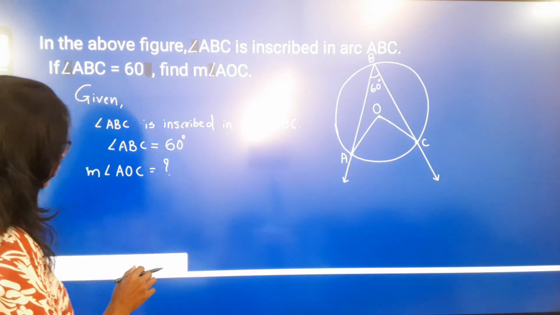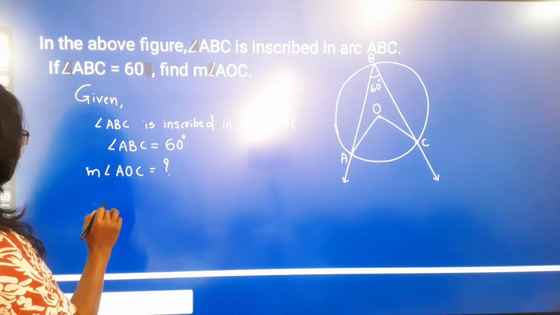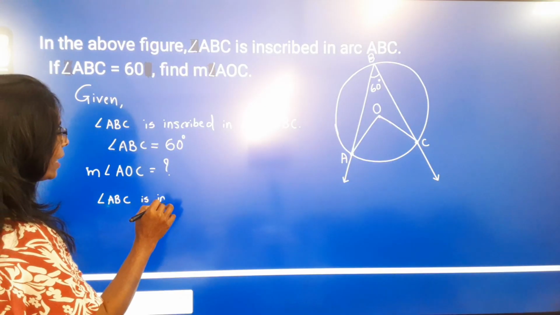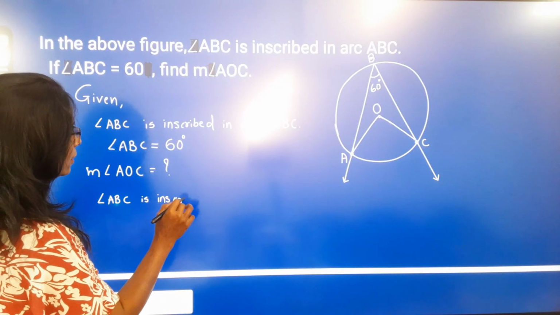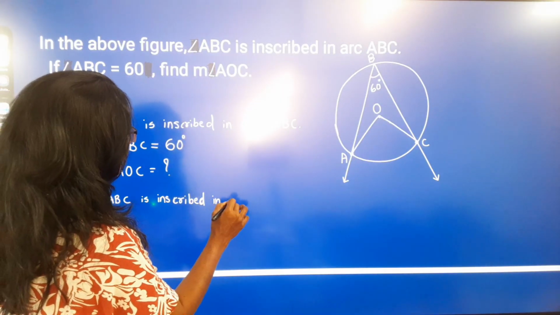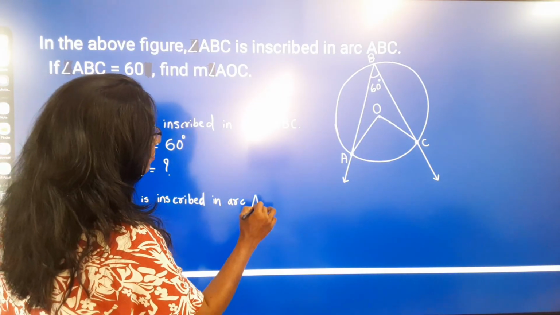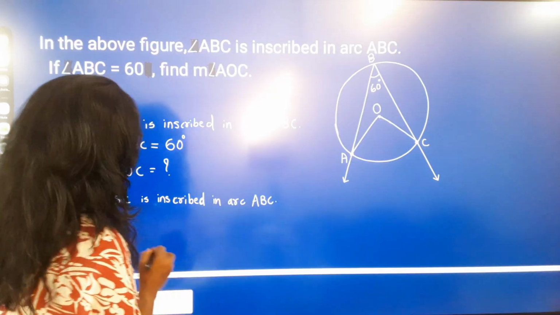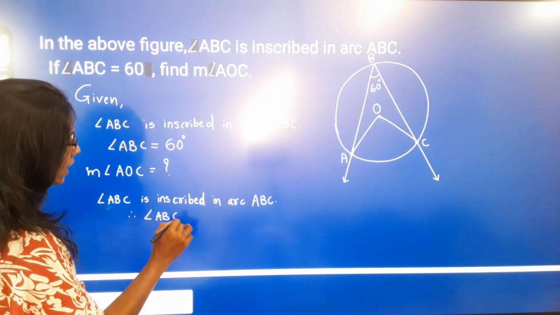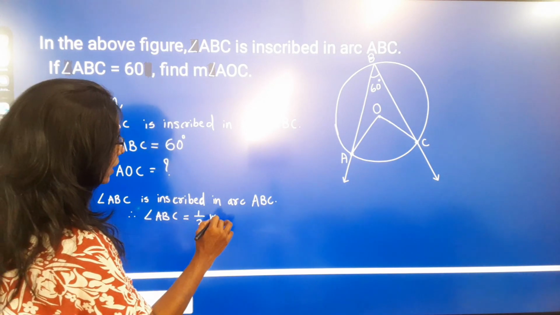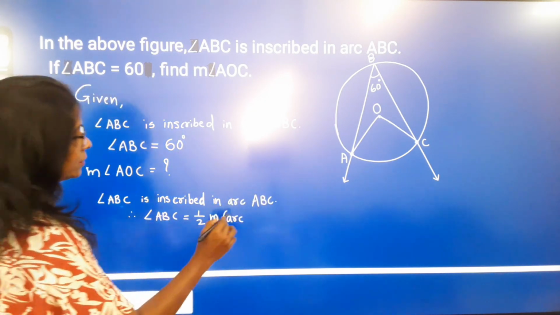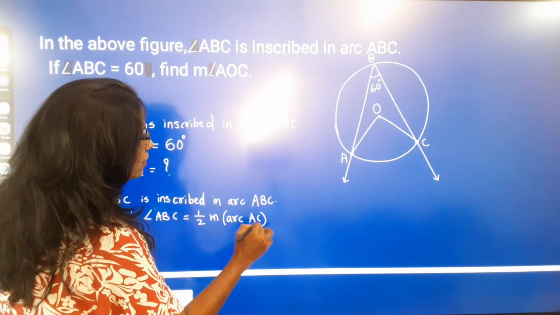So now here, students, first we write down that angle ABC is inscribed in arc ABC and therefore angle ABC is equal to half of major arc AC.